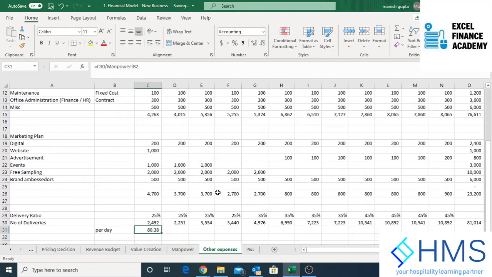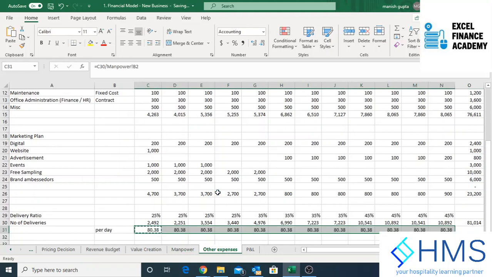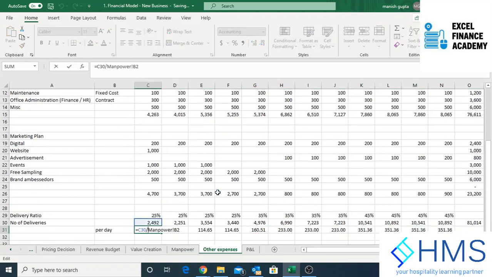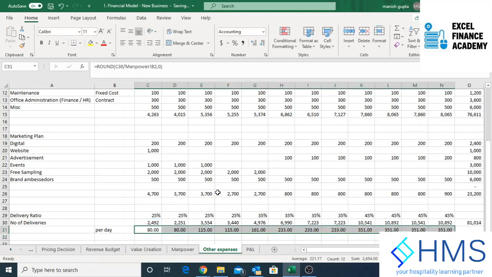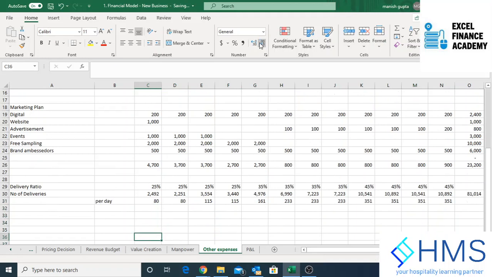So you can link from there, and then round. Don't forget the round, otherwise your deliveries will not be in absolute numbers. Like this. So now we get round of deliveries on a monthly basis, right?